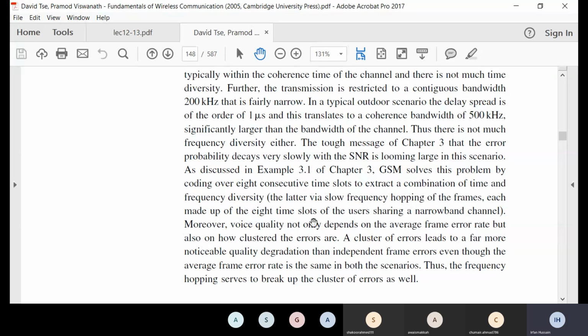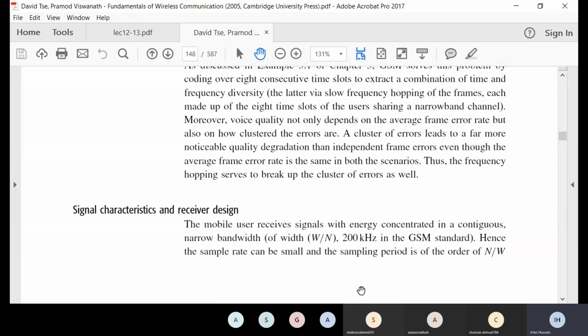The error depends on frame error, and normally the errors are clustered. But once you use this frequency diversity, you are sending the other data at some other frequency, then clusters will break up, because in the other channel you might not have errors at that time. This is the advantage of diversity.